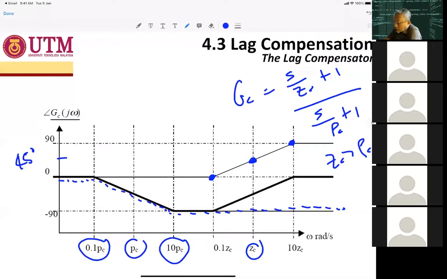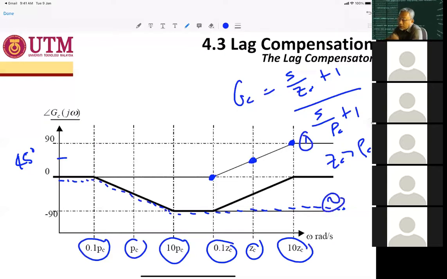Similar to Zc as well: the lower frequency is one decade before Zc, and the higher frequency is one decade after Zc. So the total between phase 1 and phase 2 is represented by the bold line as shown in the slide. This is for the phase diagram.